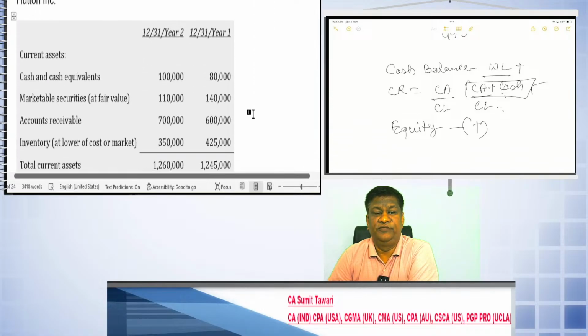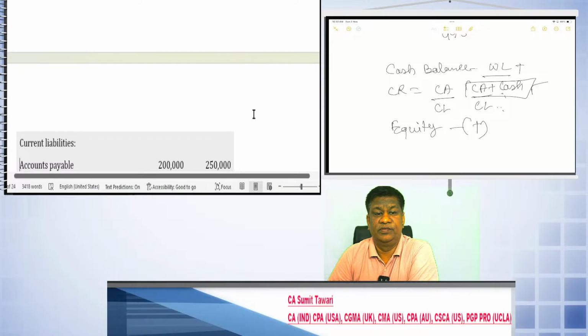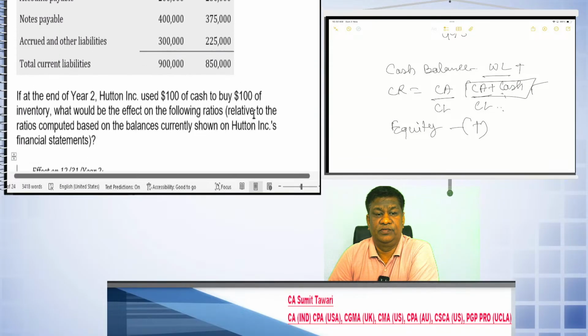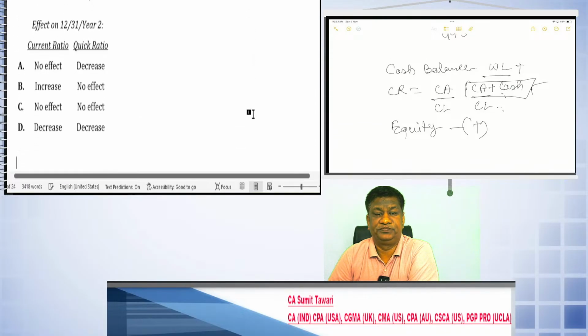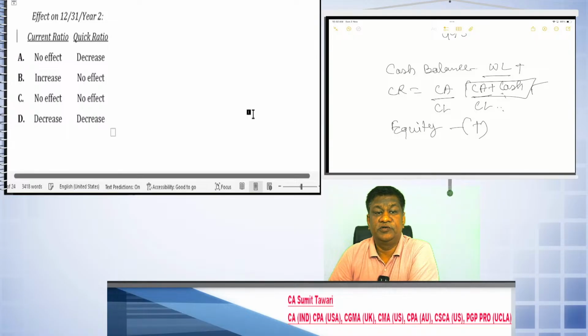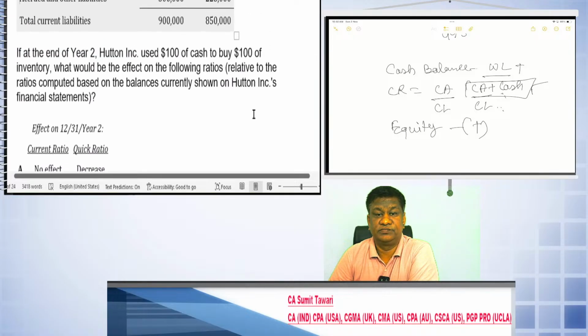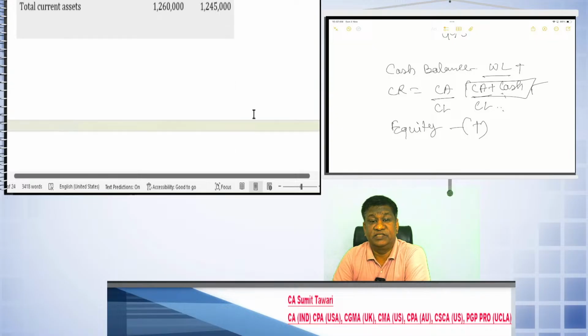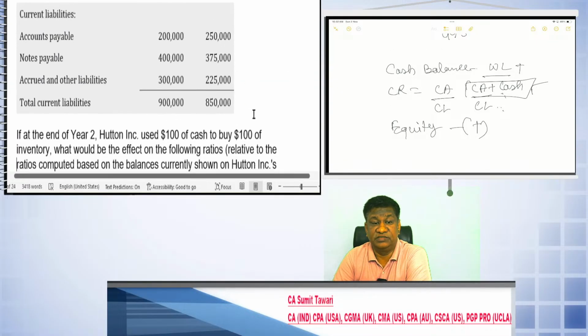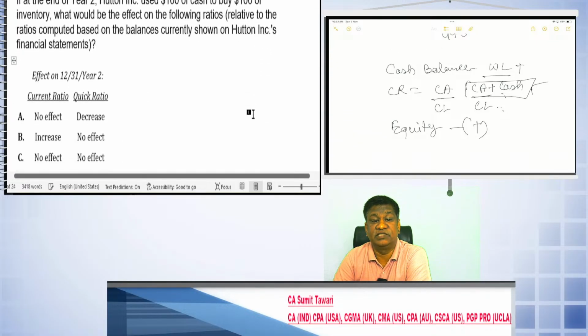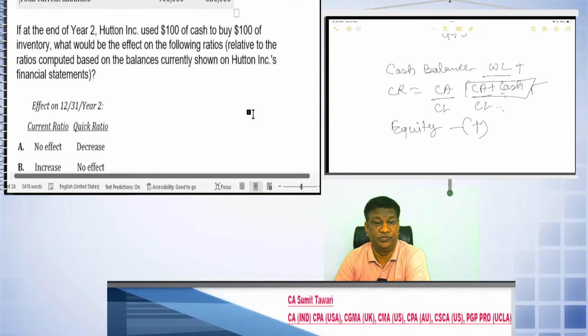Question number 50. Current ratio and quick ratio. So see, this is just a theory question. You can just read this paragraph and accordingly decide what is the impact on current ratio and quick ratio.